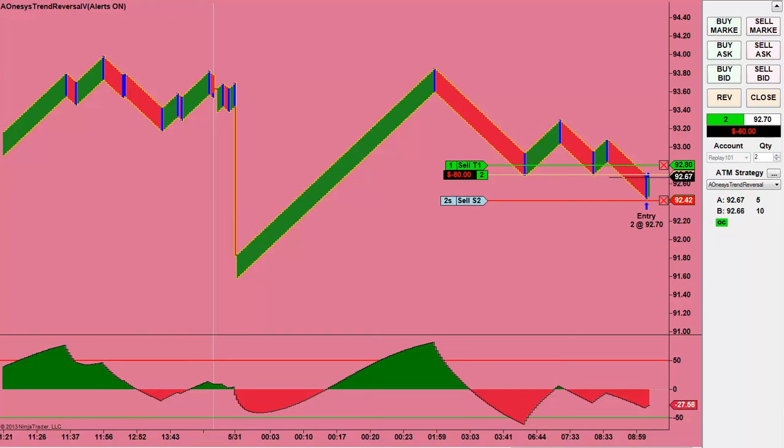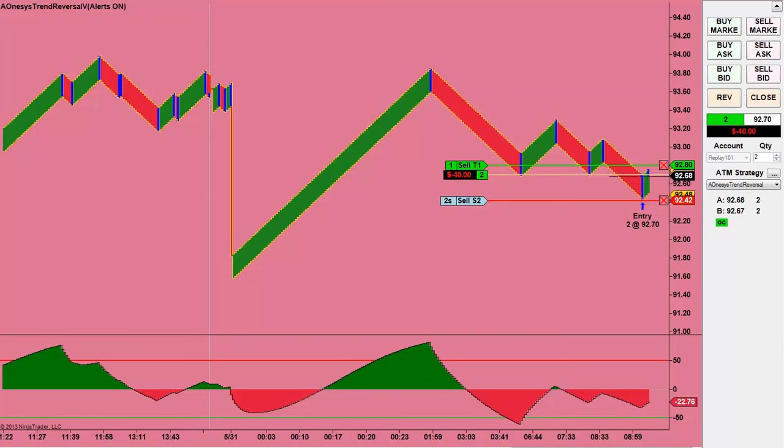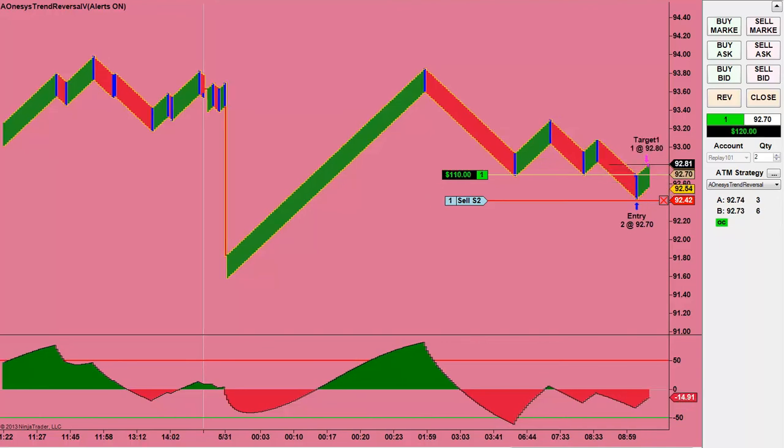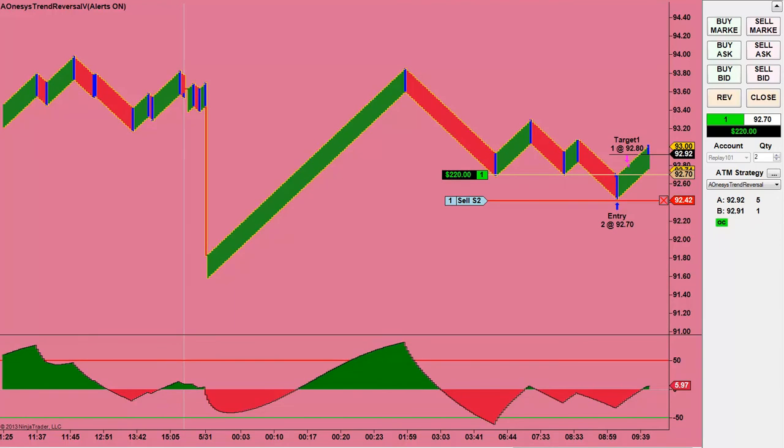So let me run it a little faster. Okay, it was really slow today sometimes. Okay, the target was filled. Now it's making a divergence, from this higher high and this lower high from this one.